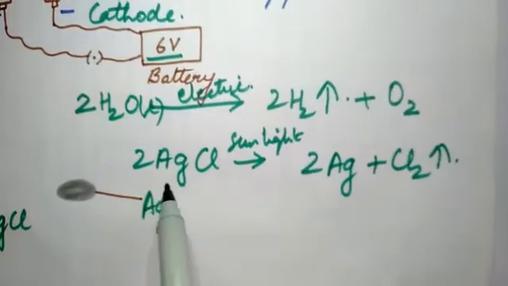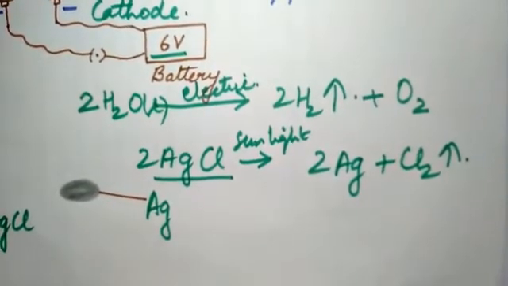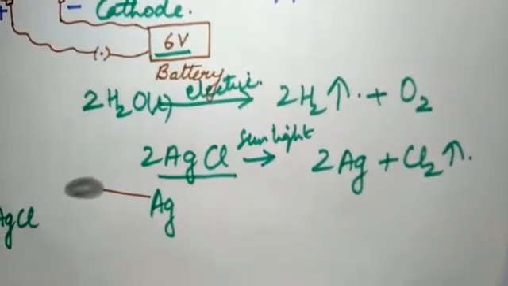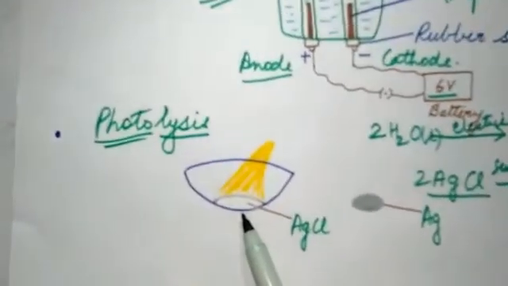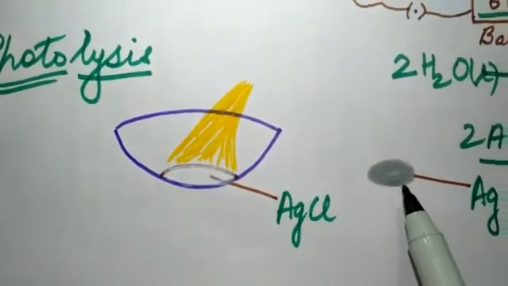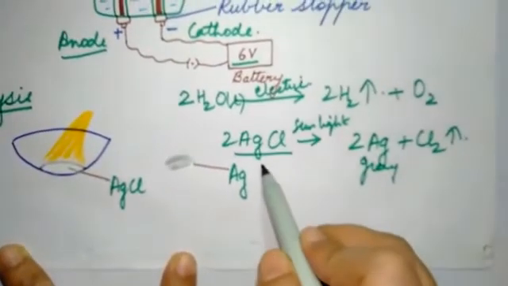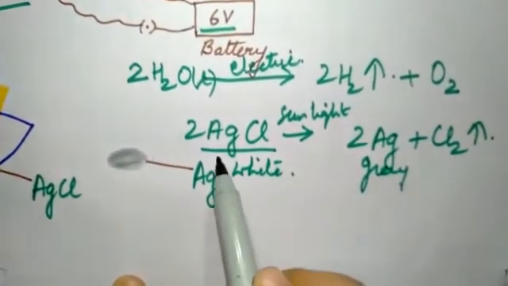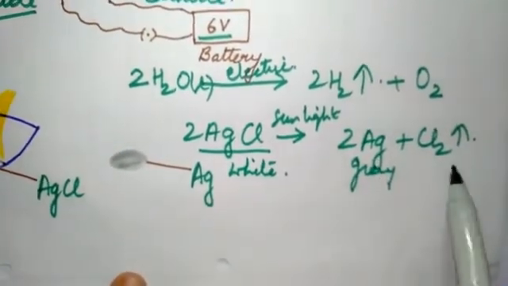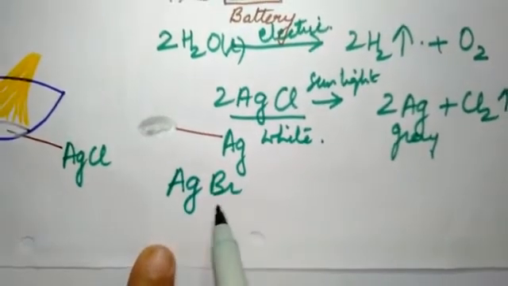Look at the color change. Silver chloride powder, the one which we have taken in the china dish, is white in color, and after the reaction what is formed is silver, which is grey in color. So this is the color change from white to grey. Silver chloride decomposes into silver plus chlorine. One more reaction is AgBr, silver bromide.